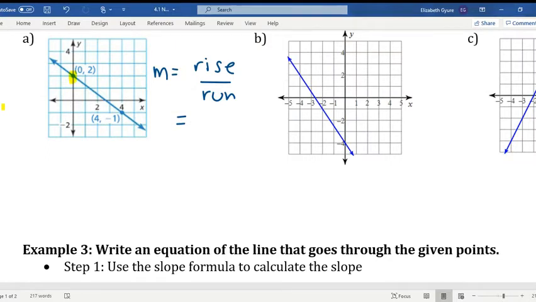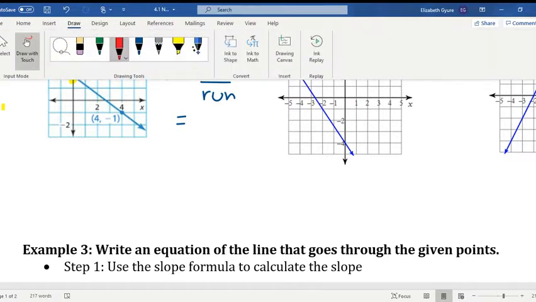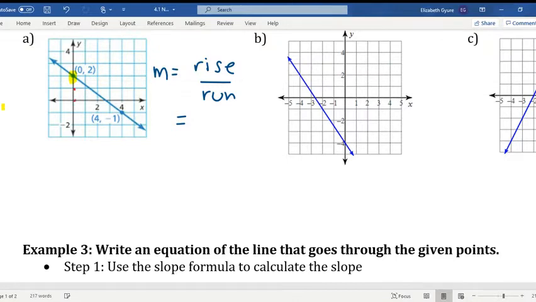To get to my point on the right, should I count up or should I count down? Okay, I'm going to count down. So let's count down. That'll be 1, 2, 3. So my rise is what? Negative 3. Why negative 3? Because we went down.